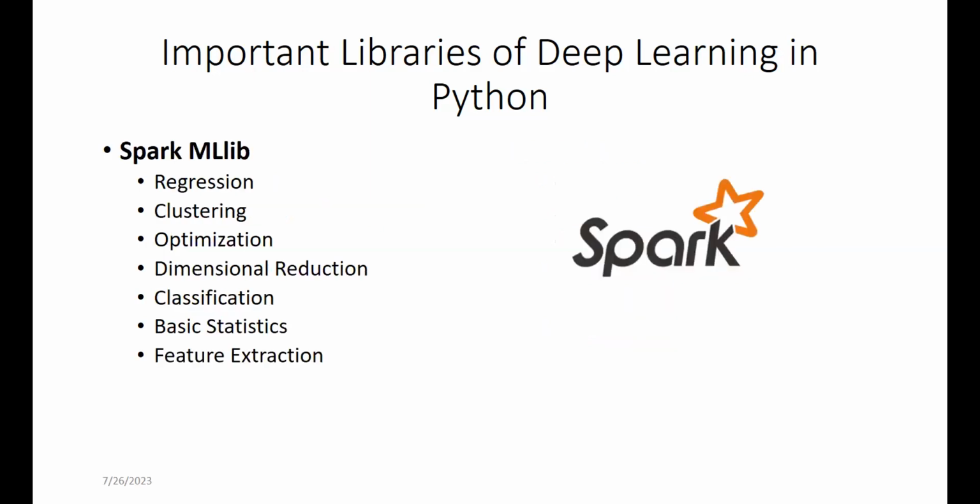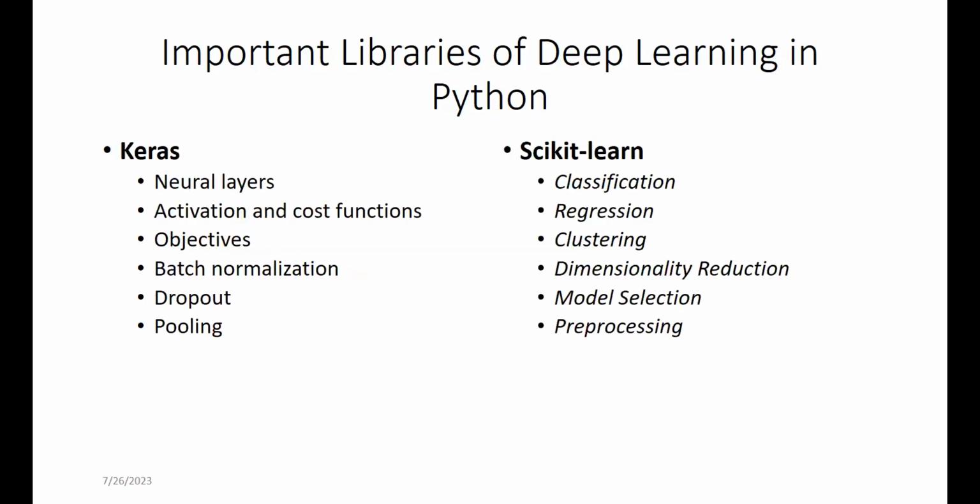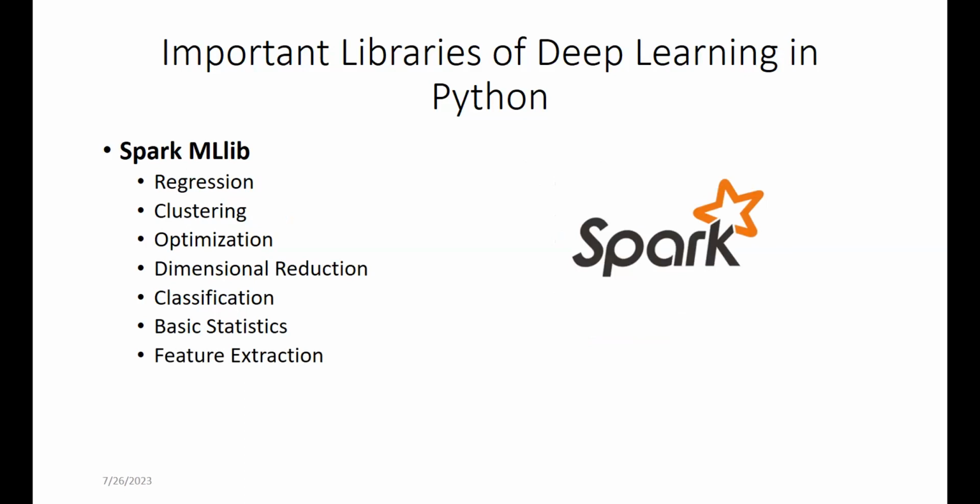Spark MLlib is a further library. These libraries are basically developed by different domains, so many features are common to them. For example, you can do regression with Spark MLlib also, and in scikit-learn also. Regression, clustering, and many optimization tools are available in Spark MLlib.